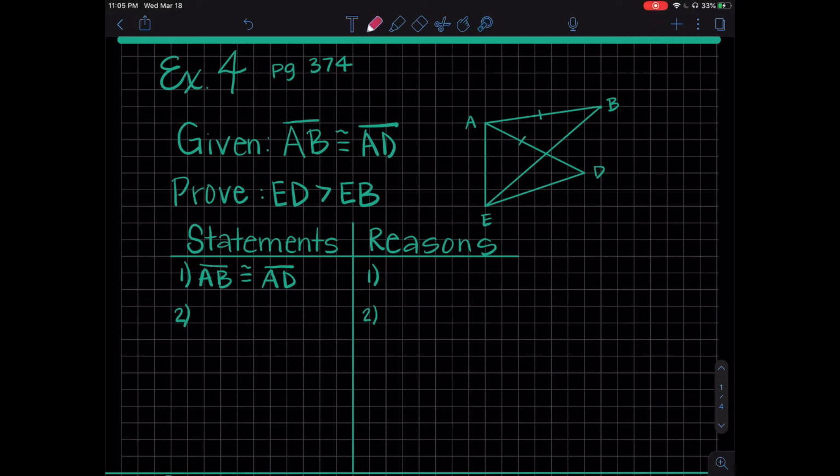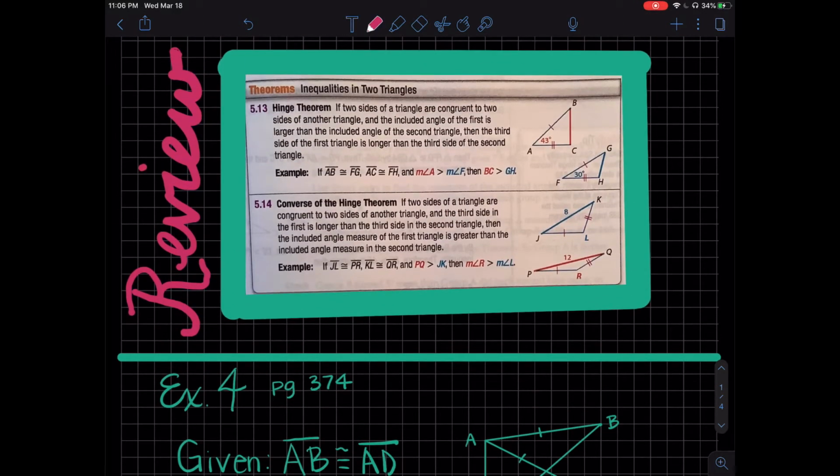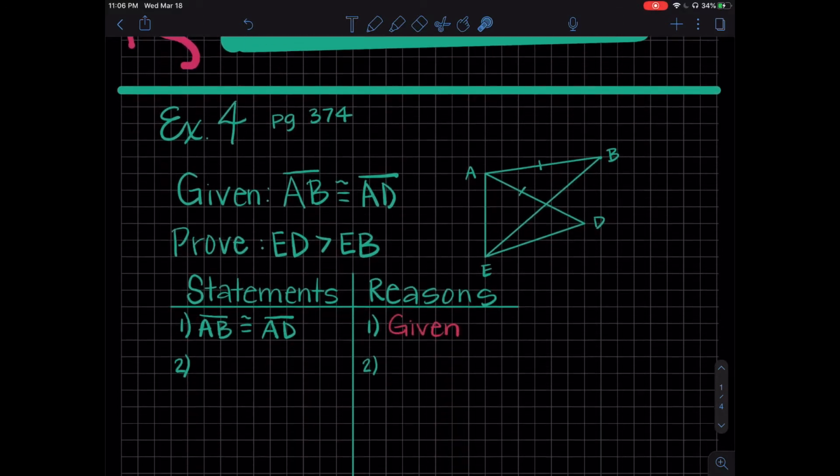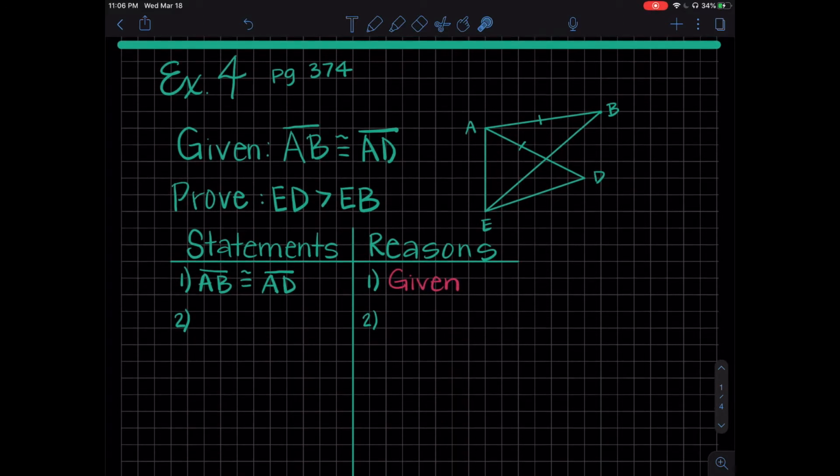So let's start. So I got our first statement in here, and the reason for that is our given. And then let's talk about that. The hinge theorem, like we said up here, needs for there to be two sides that are congruent to each other. And let's see if we can get that in example 4.